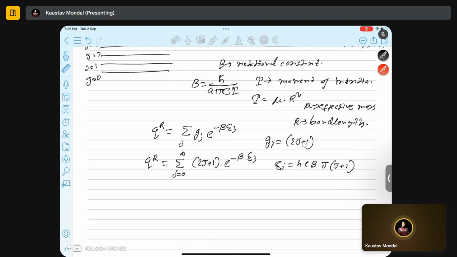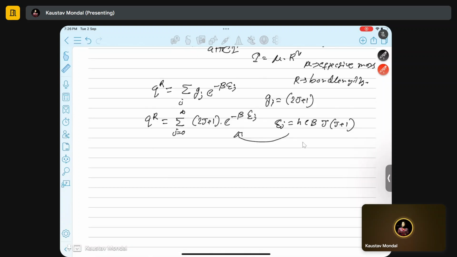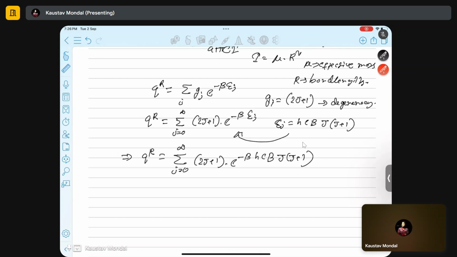So now if you substitute the expression of E_J into this expression of the rotational partition function, then this turns out to be the sum from J equals 0 to infinity of 2J plus 1 times e to the power minus beta hcB J into J plus 1. 2J plus 1 is the degeneracy factor we already discussed. Let me write it here also, degeneracy.